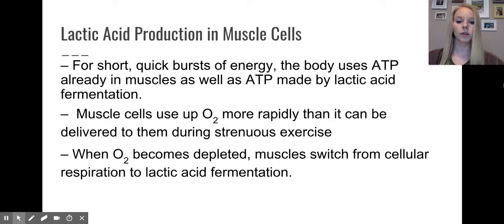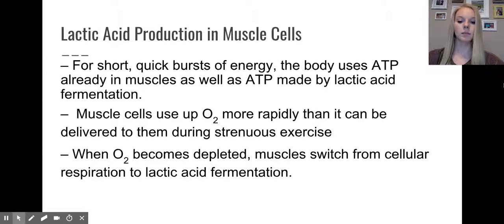In your muscle cells, lactic acid fermentation is used for short, quick bursts of energy. Your body uses ATP that is already in muscles as well as the ATP made by lactic acid fermentation. Muscle cells use up oxygen more rapidly than it can be delivered to them during strenuous exercise.